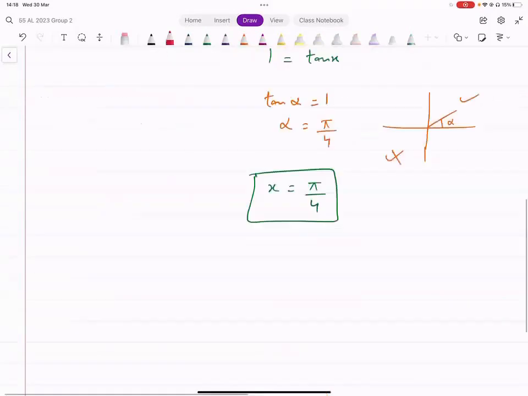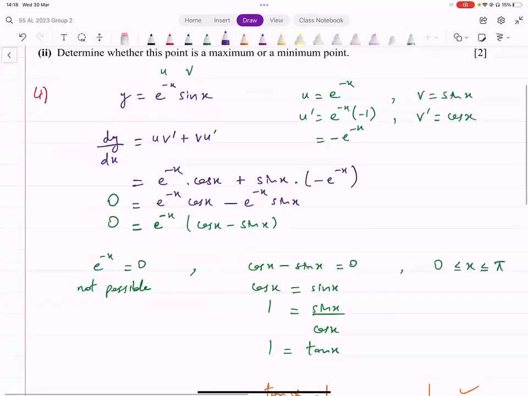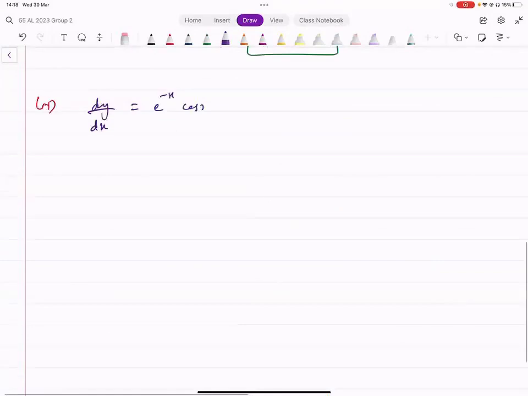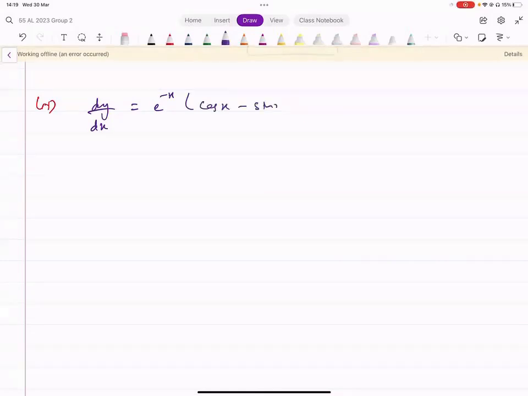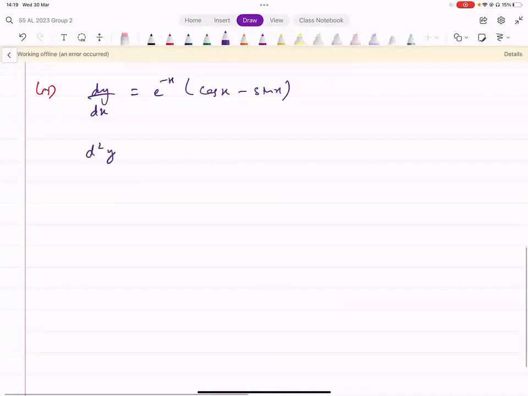You already have the derivative. The derivative was e raised to the power minus x cos x minus e raised to the power minus x sin x. Taking the common factor, we have this derivative: e raised to the power minus x times cos x minus sin x. This was your first derivative. So what will the second derivative, d2y over dx squared, be? How do we differentiate this again?